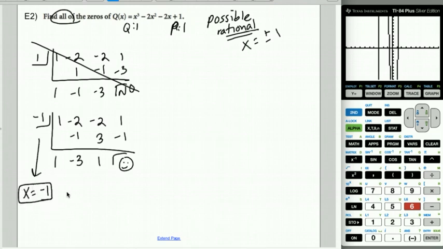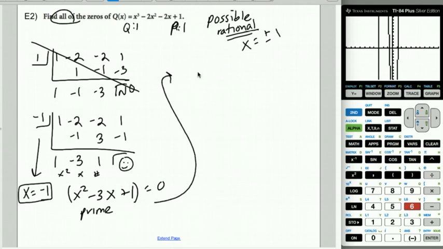That's rational. And what's left is x squared minus 3x plus 1 equals 0. Well, this is prime, meaning it won't factor, but we can use the quadratic formula. So x equals negative b plus or minus the square root of b squared, which will be 9, minus 4 times a times c, all over 2 times a.